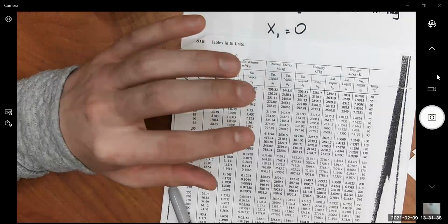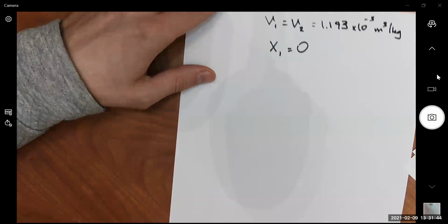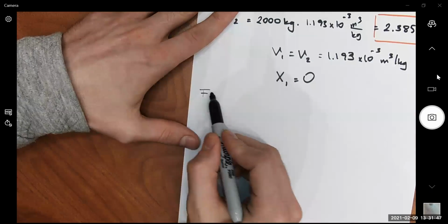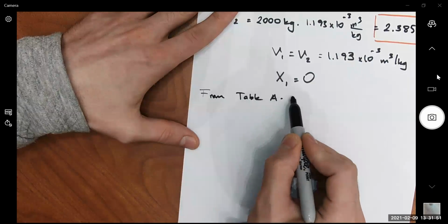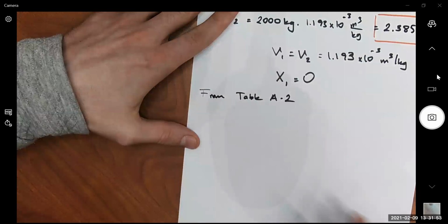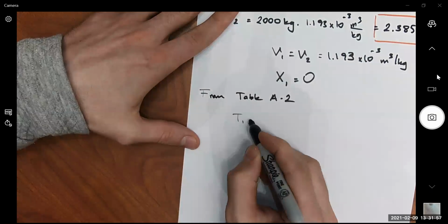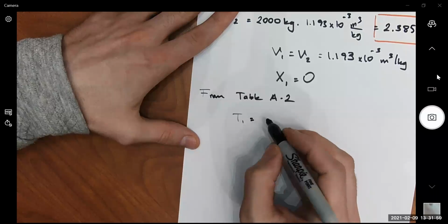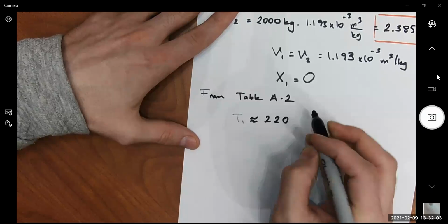It should be 1.20 point something, but very close. From table A2, right? Temperature will be 220 Celsius.